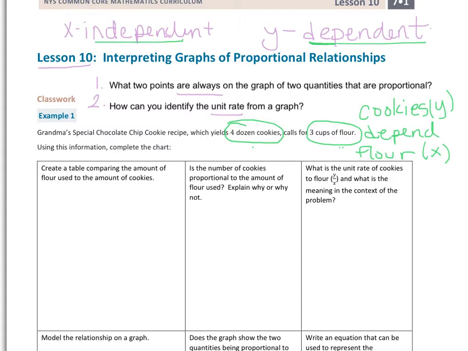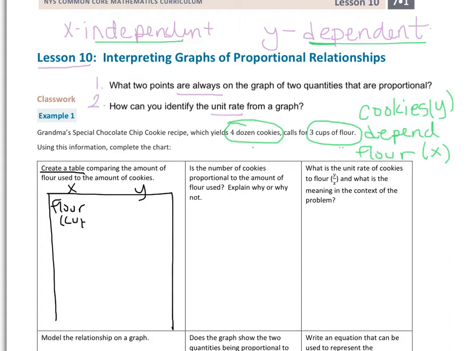So now I'm going to come over here, and in the very first box it says create a table comparing the flour to cookies. Creating a table, our x value is on the left and our y value will be on the right. So I want to put flour, parentheses, cups, and then on the y side we put cookies.